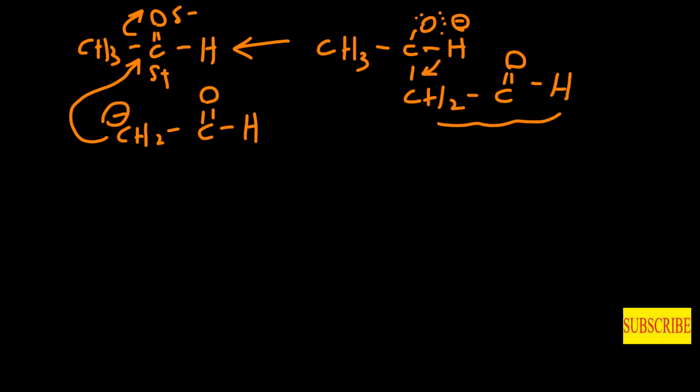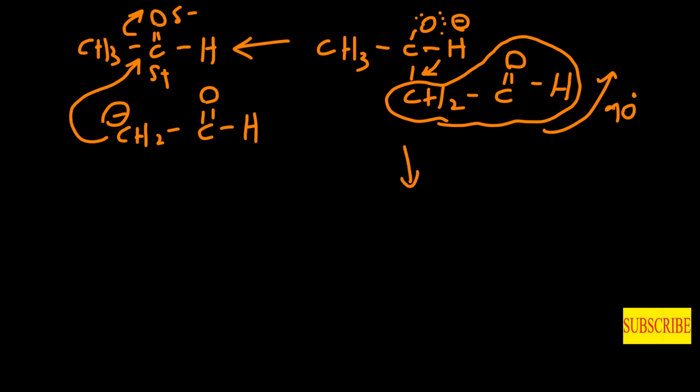Then this group should be rotated in the upward direction by 90°. Then we can draw easily and very clearly the structure of the intermediate compound just like this.